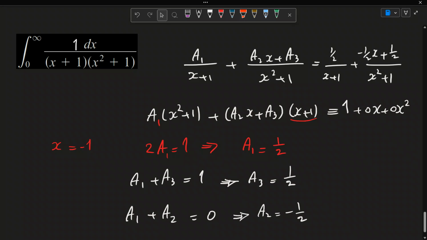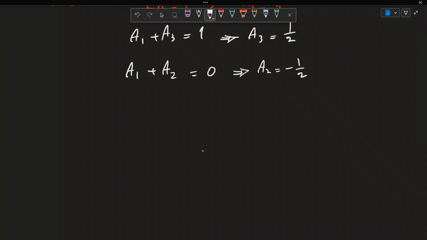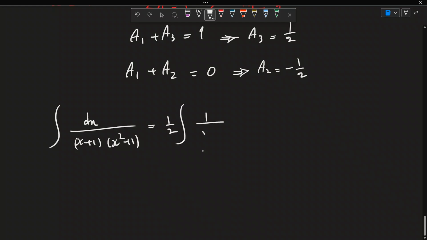Now if I want to find the indefinite integral, dx over x plus 1 times x squared plus 1 is 1/2 integral of 1 over x plus 1 minus x plus 1 over x squared plus 1.